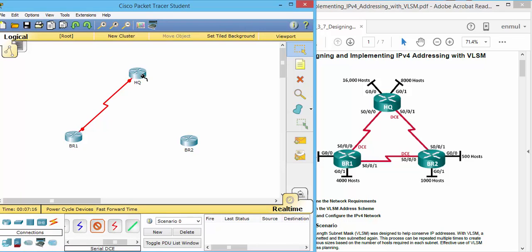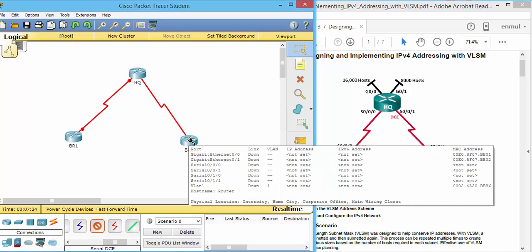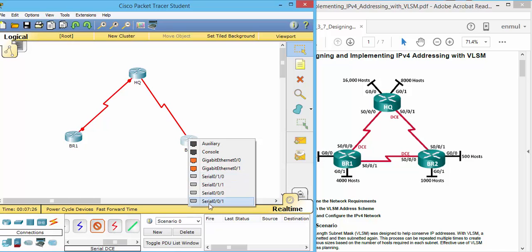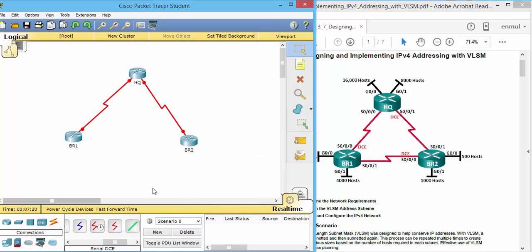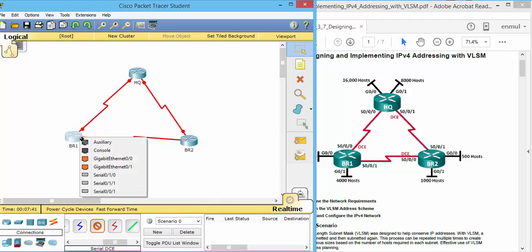So this is going to be serial 0/0/1, this is 0/0/1, and this is also 0/0/1. Now we have another clock rate on this side of the Branch 2 router, so it's going to be serial 0/0/0 and serial 0/0/1.